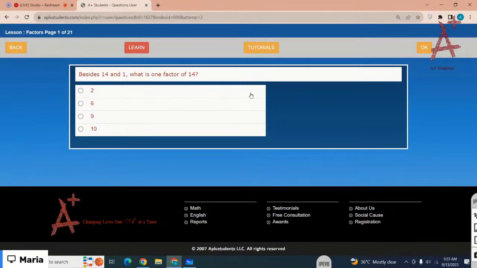The number that evenly divides 14 is a factor of 14. Which number is it? That would be just 2. 14 can be evenly divided by 2, so 2 is a factor of 14.